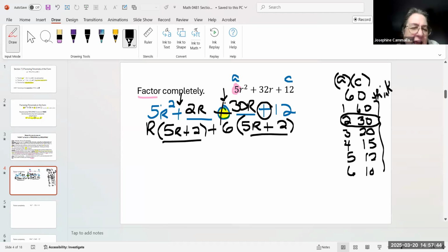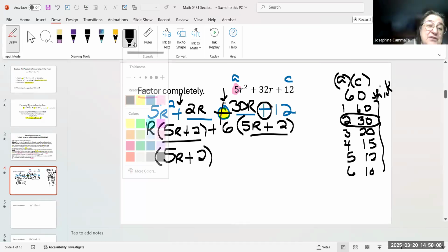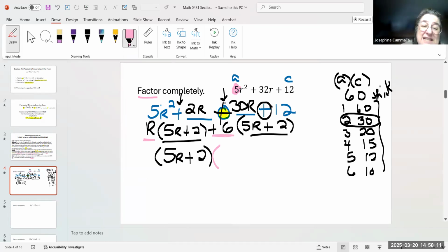So you kind of have a hint from the first parentheses what that GCF for the last two terms is going to be. Use it if you need it, because now my binomial, which is 5r plus 2, comes first, but then my second parentheses is going to be r plus 6.